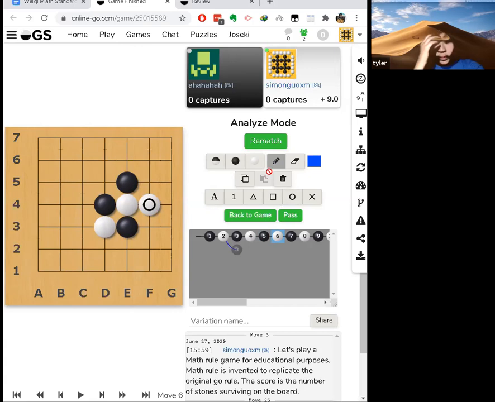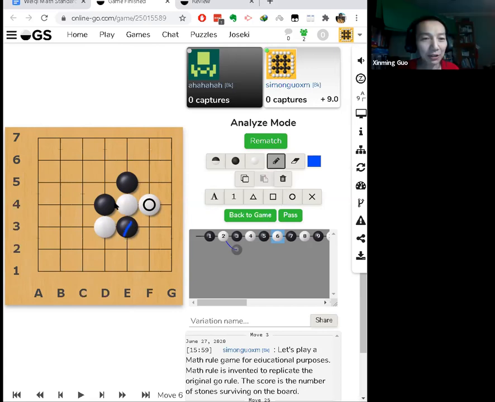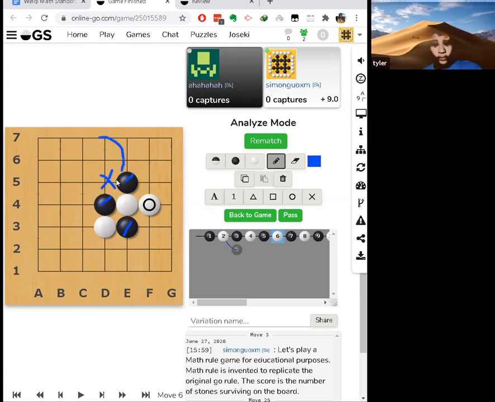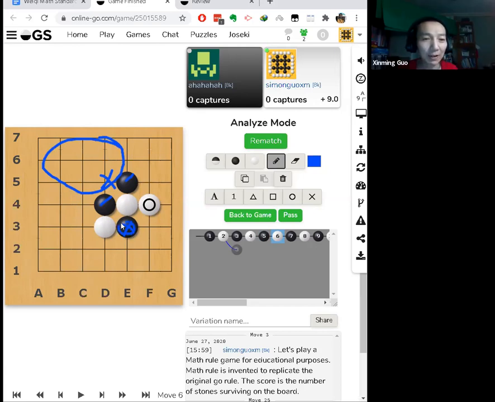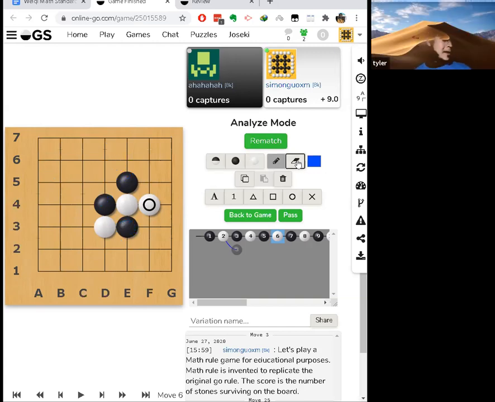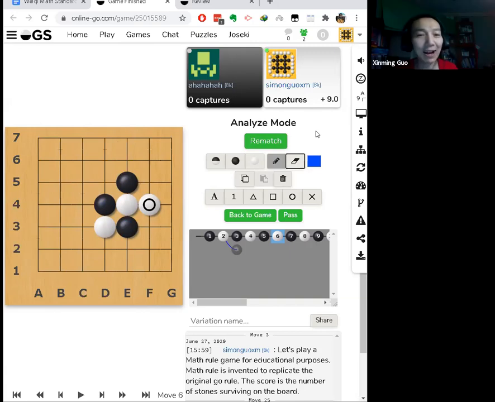Now black is separated into 3 parts. There's a cutting point here, and probably some territory in this area, but this black is separated. There will probably be lots of conflict, and it's close combat now. We need to find out the result of this close combat. Usually, try to settle the big part of your group, and if it's a small part, you may sacrifice it.